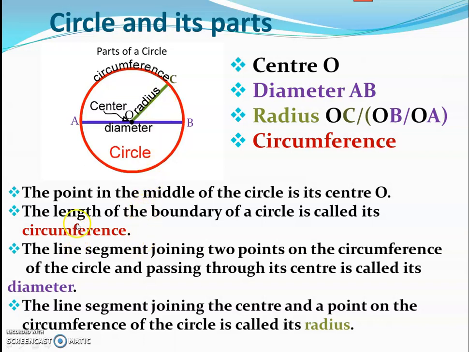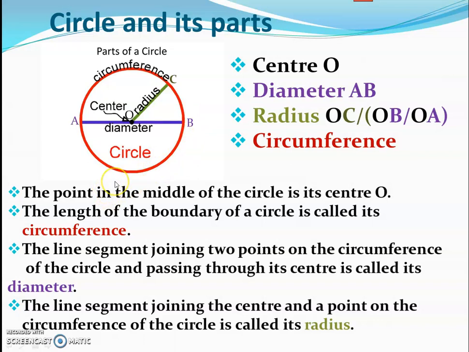Then what is its circumference? Yes, circumference is the length of the boundary of a circle. The length of the boundary. Now this one is the boundary. This red one is the boundary. That's length is nothing but the circumference. Okay.